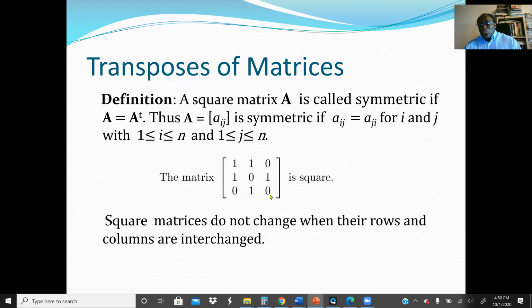If we change it to the third column, from row to column, it will be 0, 1, 0 also. So this is again a symmetric matrix. Because if you change the rows and the columns, you will come back to the original matrix. So here we say square matrices do not change when their rows and columns are interchanged.